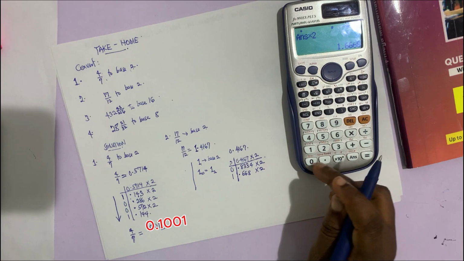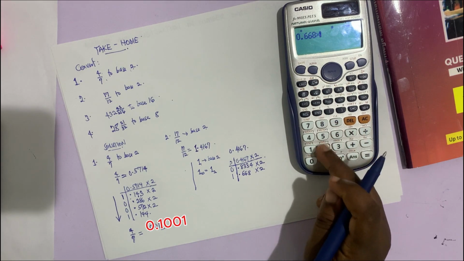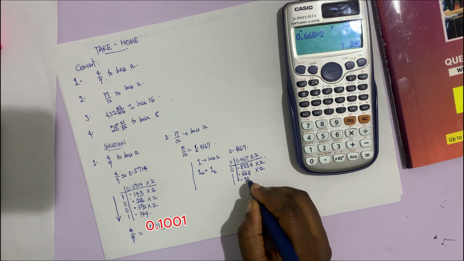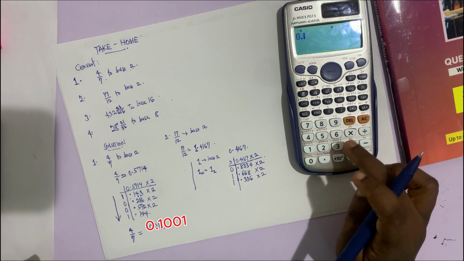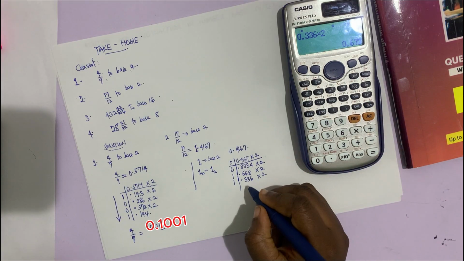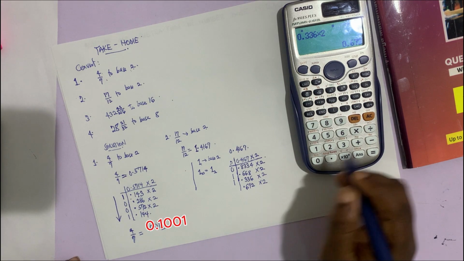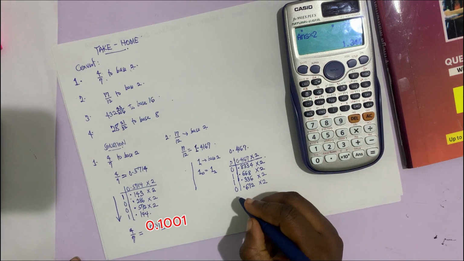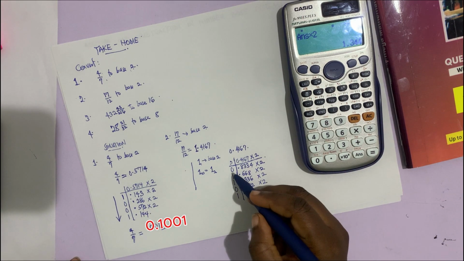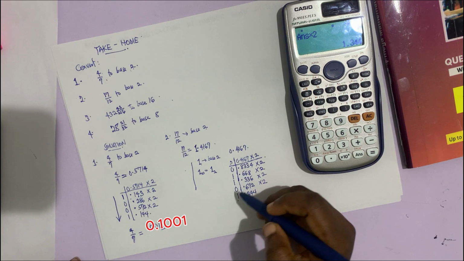The decimal point 0.668 times 2 will give us 1.336. 0.336 times 2 will give us 0.672, times 2 again will give us 1.344. We can stop there since we have 5 decimal points.